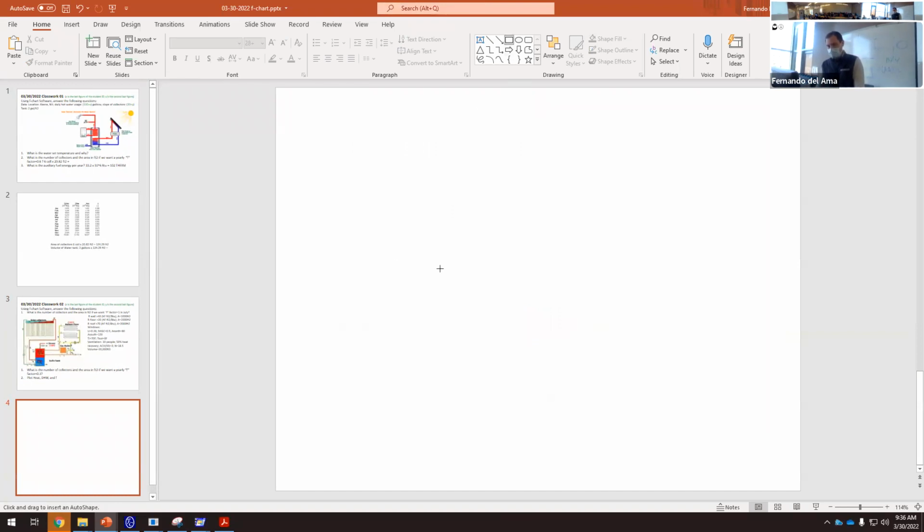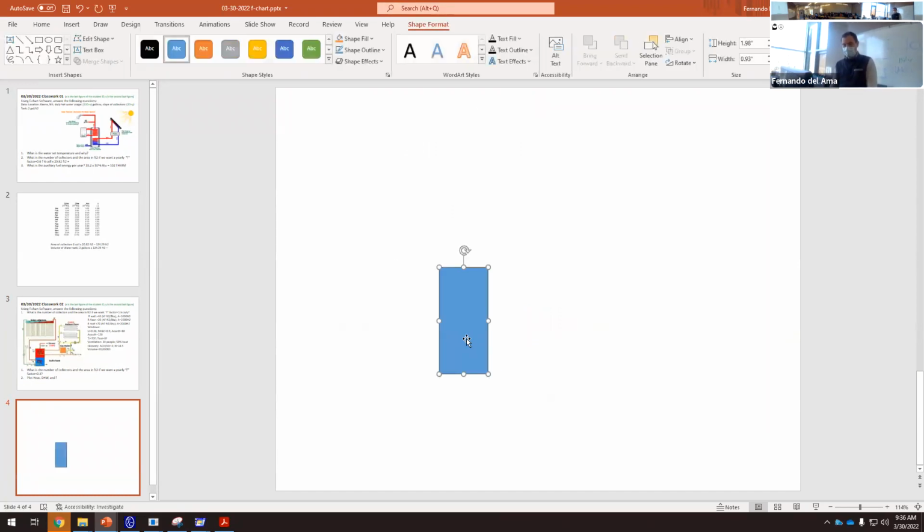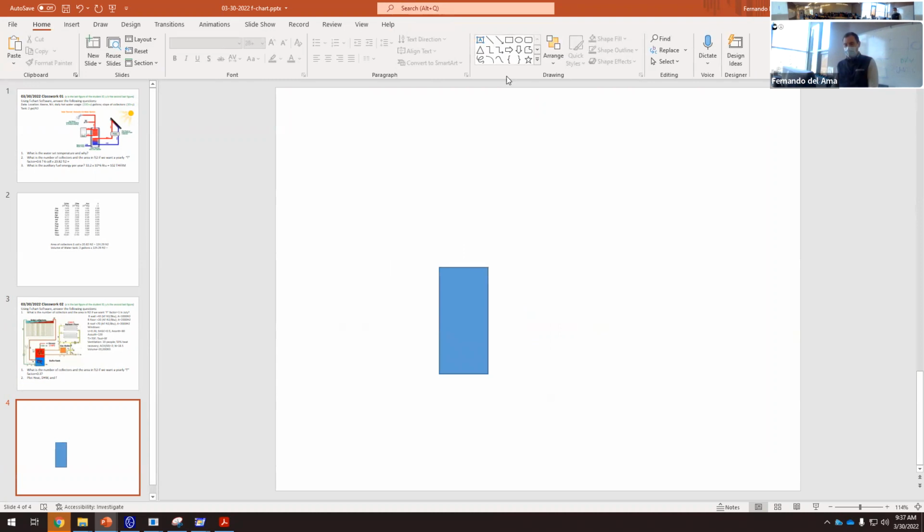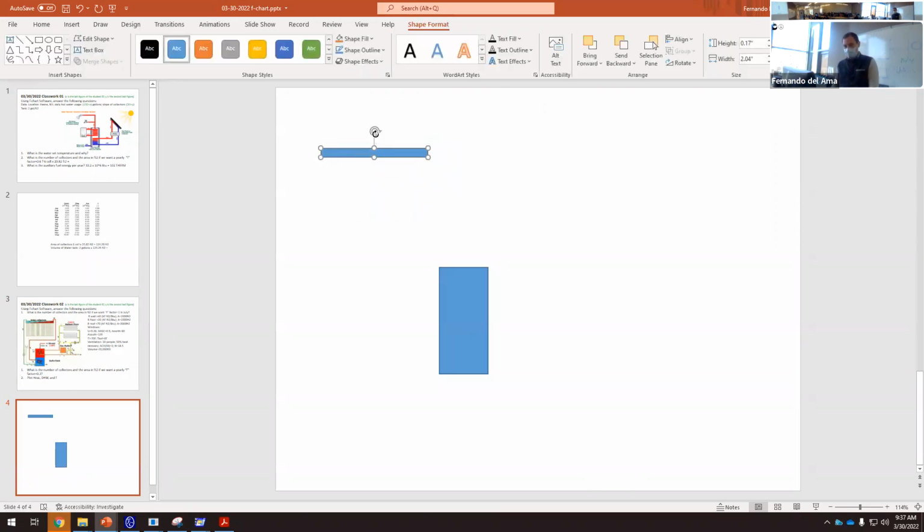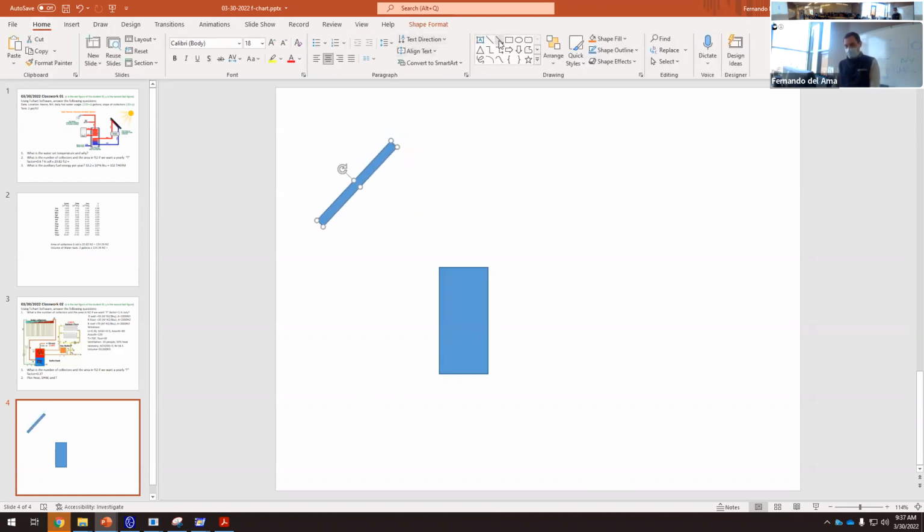If we work with the main tank, so this is the main tank. We work with solar collectors. This is the solar collector. And then I want to go from the solar collector to the water tank.